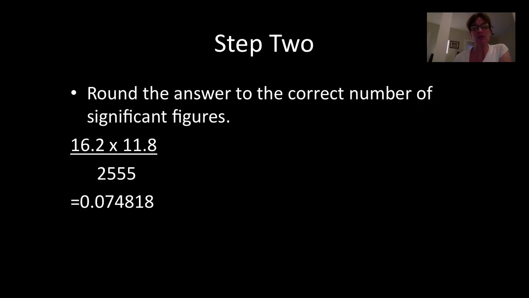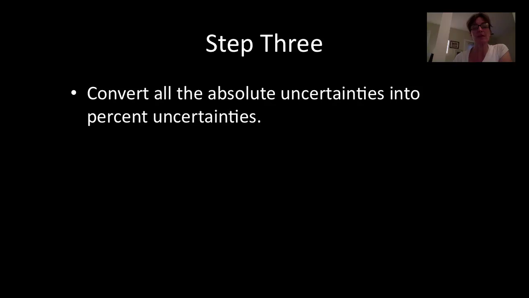I'm going to knock off the 2 last digits, and check the digit next to the last digit that I'm keeping, which is 8. If that is a 5 or above, I'll round my 8 to 9, and if it is 4 or below, I'll leave it. As you can see, it's a 1, so I'm going to round my number to 0.0748.